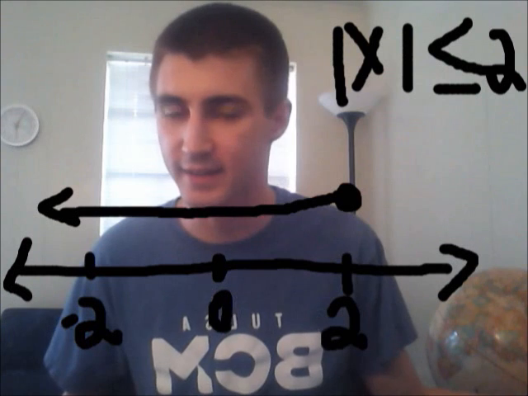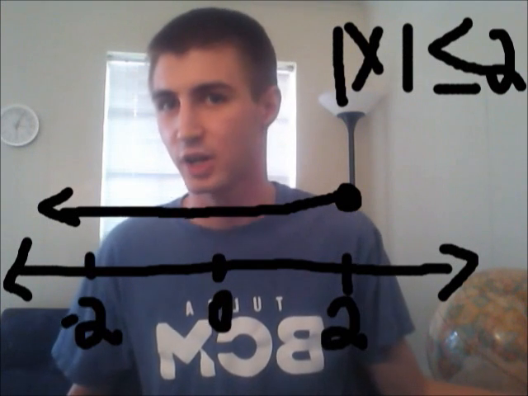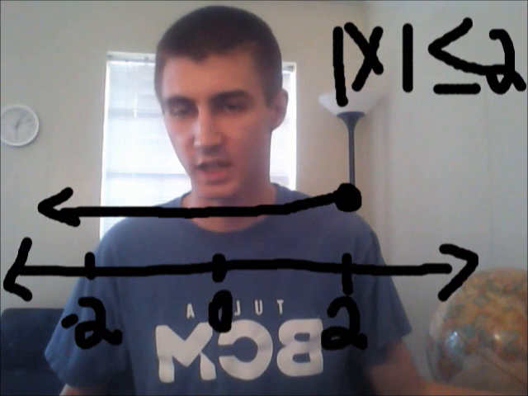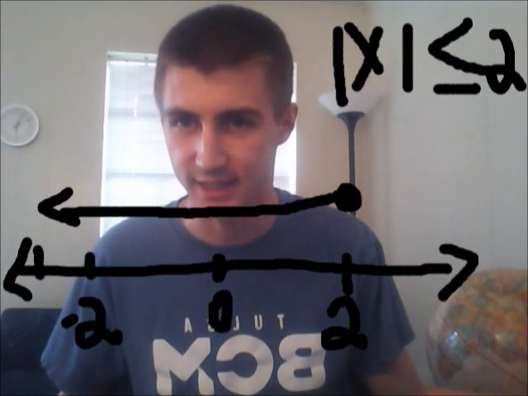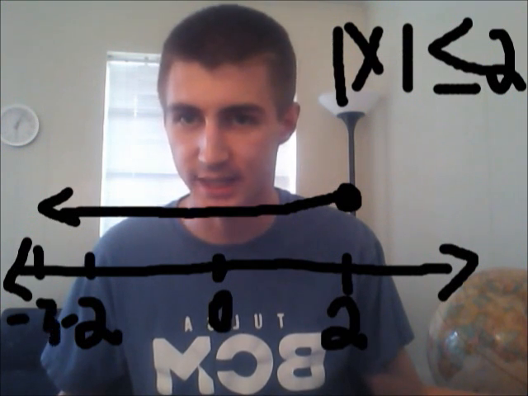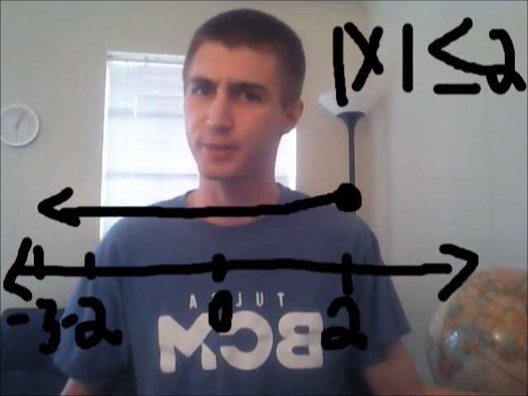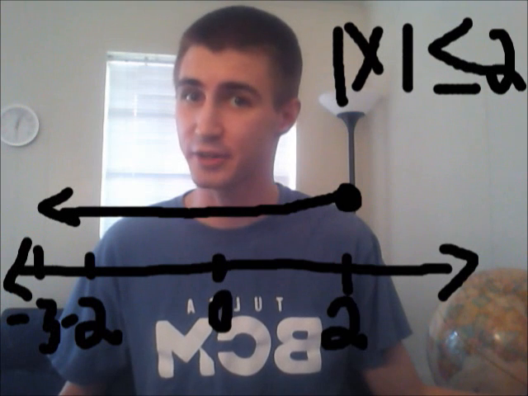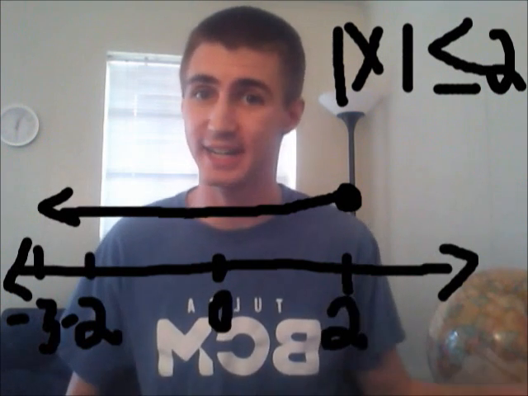Now, because we have the absolute value here, we know that if x were to be -3, that wouldn't be true because the absolute value of -3 isn't going to be less than or equal to 2. It's going to be a positive 3.